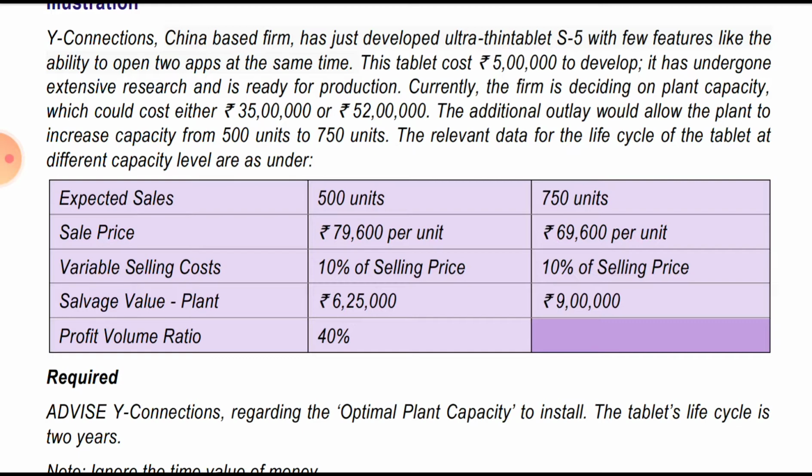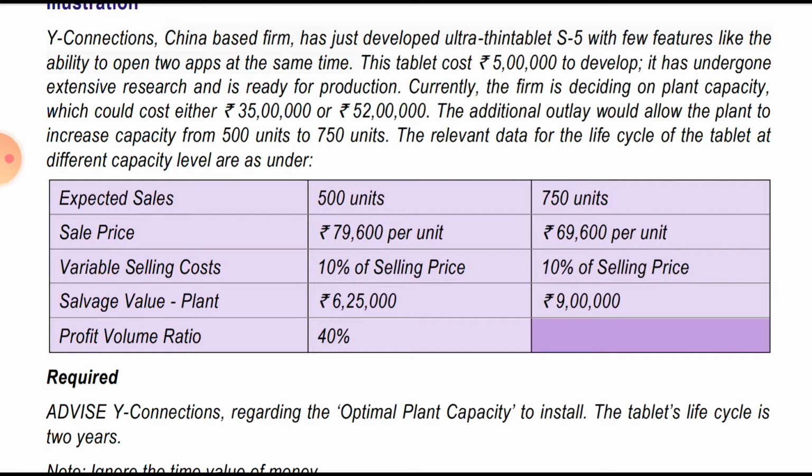When we multiply with 500 we will get 19,900, and 39,800 multiplied by 750 we will get 29,850. So we'll see the answer also, how they have presented it.